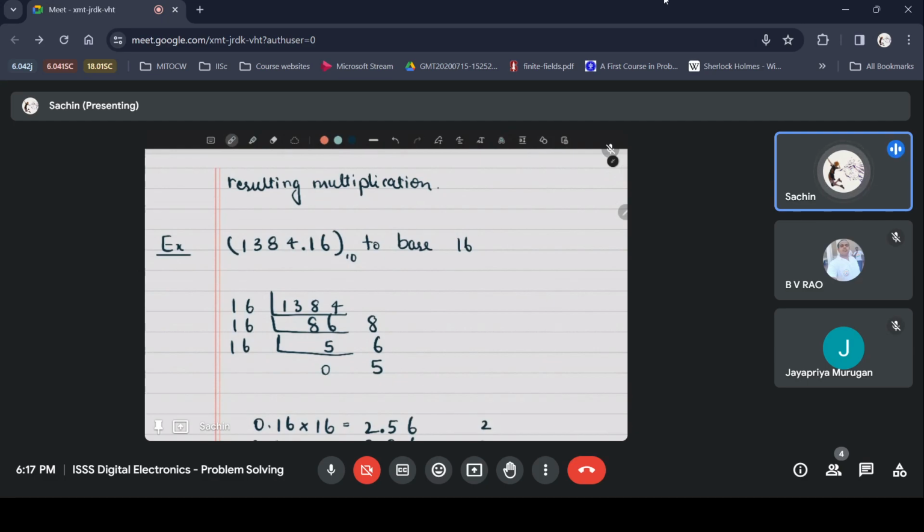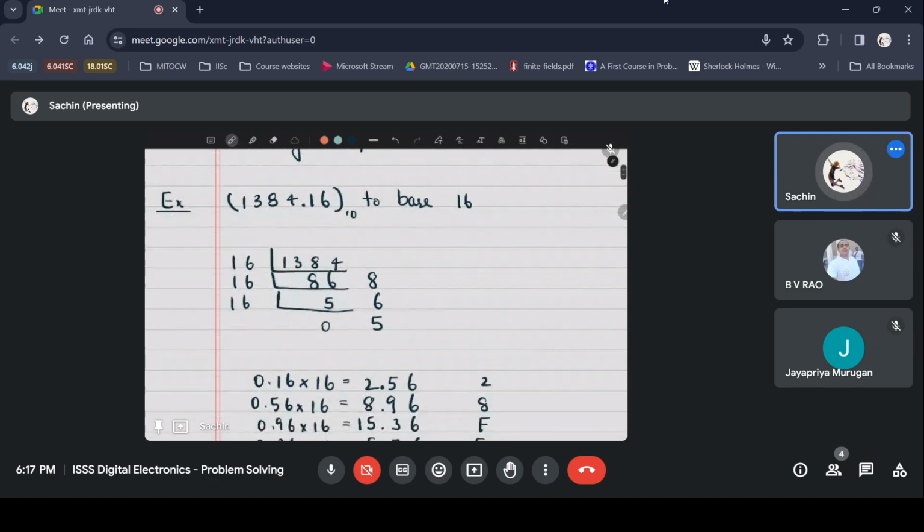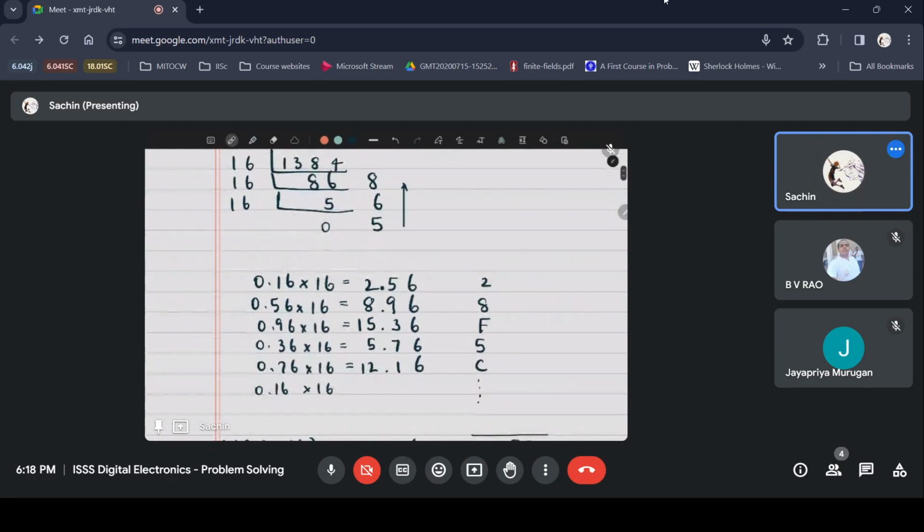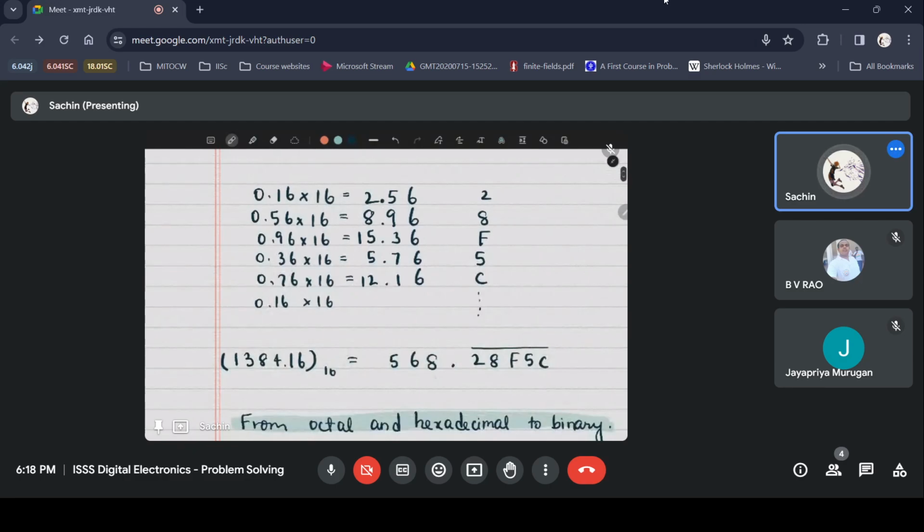You take the integer part 1384, divide by 16, the quotient is 86, remainder is 8. Then divide that quotient 86 by 16 again. 16 5s are 80, so the remainder is 6. Divide 5 by 16 again, so 16 goes into 5 0 times and remainder is 5. And you write down the remainders in bottom to top order like this: 5 6 8.